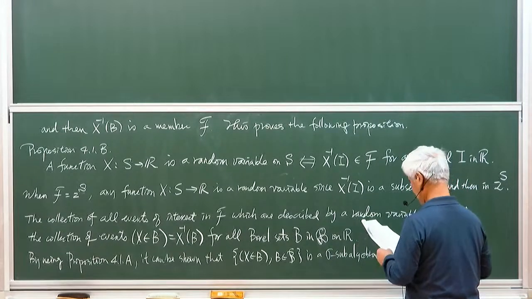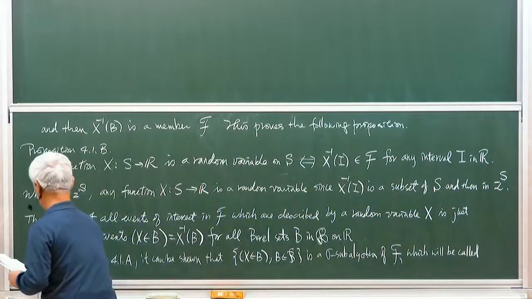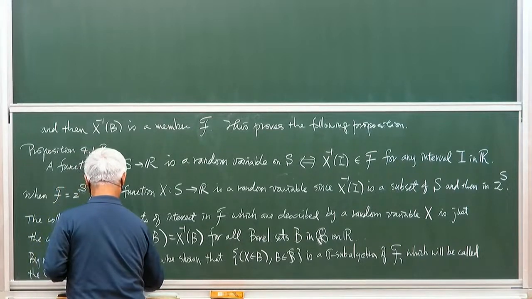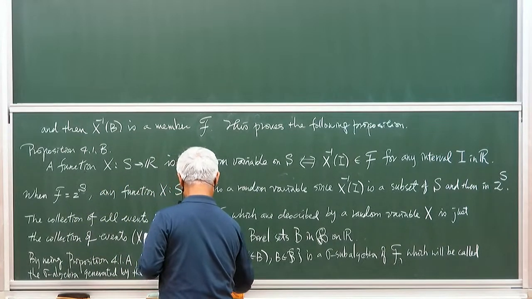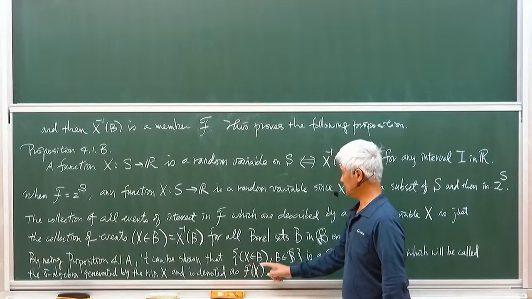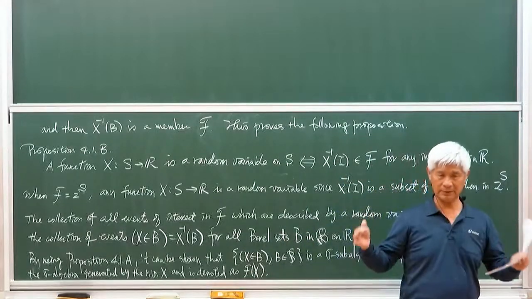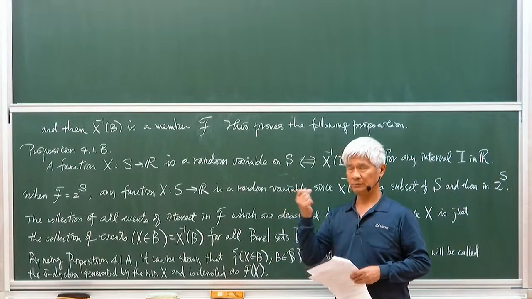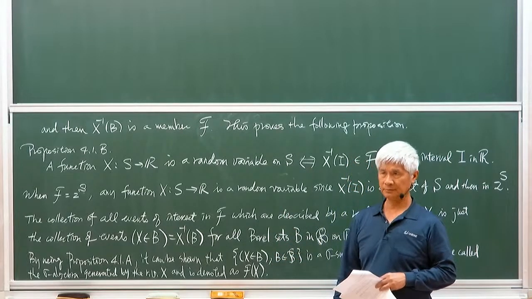All right, and this sigma subalgebra will be called the sigma algebra generated by the random variable X, and we use the notation F of X. Okay, so F of X is a sigma subalgebra of F, generated by random variable X. Okay, so this is the totality of all the information we can obtain from the measurement X on the outcomes of a random experiment. Okay.